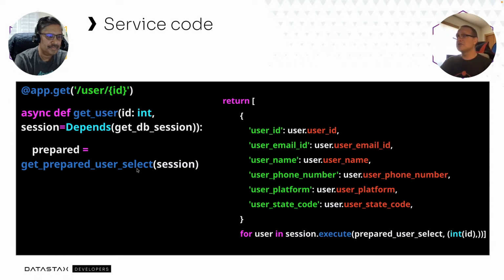And then we're doing a return where we're mapping our user object model to the actual rows that are returned, and we're doing a for each down here inside of that session execute against that result set to make sure that it's matching all those up as they come back. So those are really the three pieces that make up each one of these services: the prepared statement, the object model, and the method that's exposed via RESTful service.